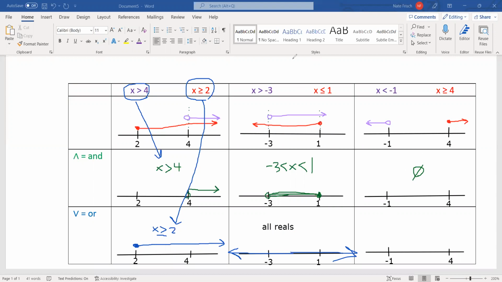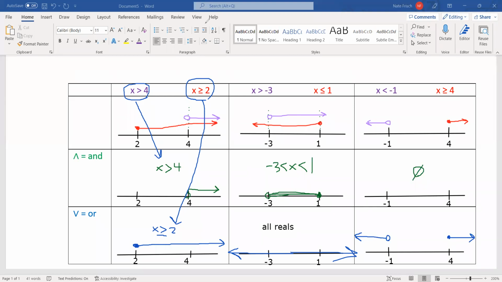And then for the disjunction between these two, this time I basically copy what already is there because I can't combine them because they don't overlap. Remember, it's just one or the other, whether it's red or purple, either one. So in this case, that's what the graph would look like. Notice I'm just basically copying what's already there.